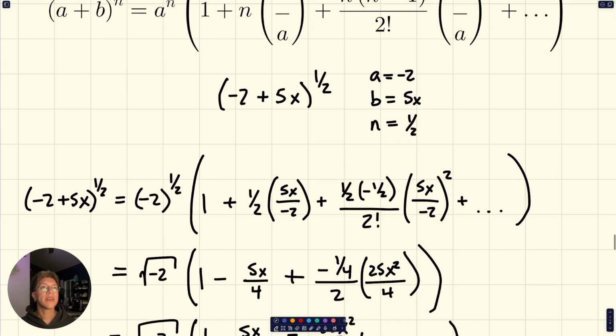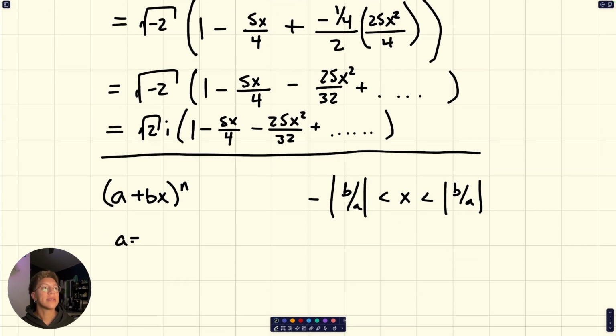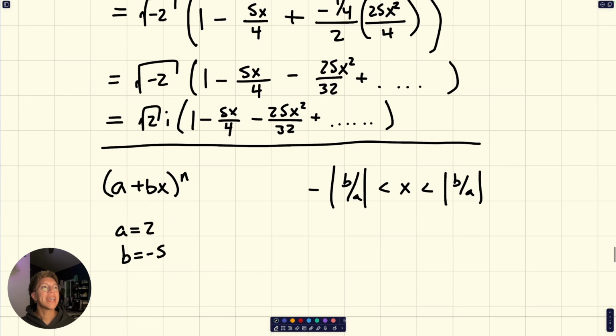For our expression here, as we saw before, our a is -2 and our b is 5. So a is 2, b is -5. Did we see that correctly? Nope. Our a is -2 and our b is 5.